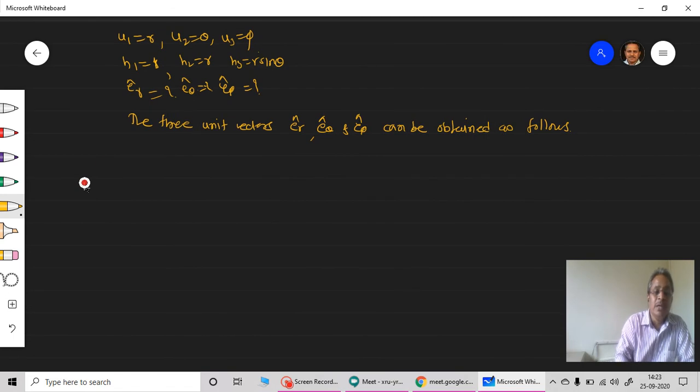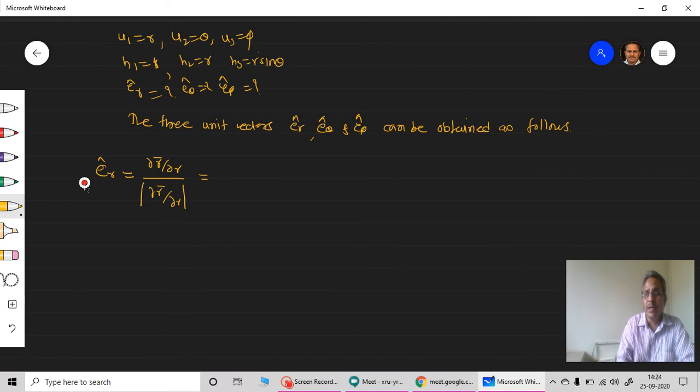First, er cap is given by vector ∂r̄/∂r, the differentiation of a vector with respect to a scalar, the rate of increment of vector r with respect to r. Several words can be used for that. Divided by its magnitude, |∂r̄/∂r|. So I have to get this.